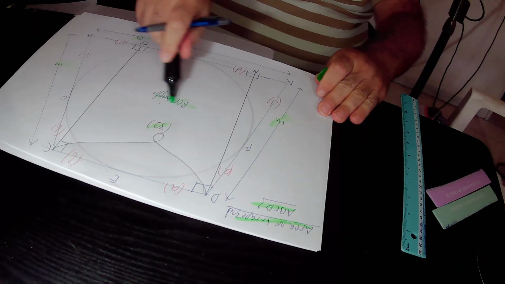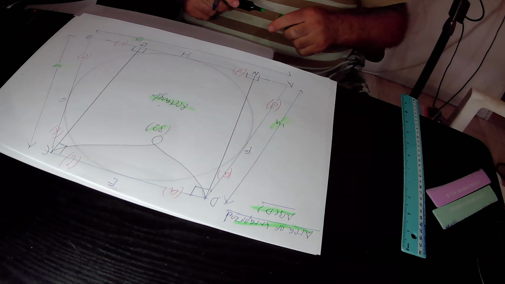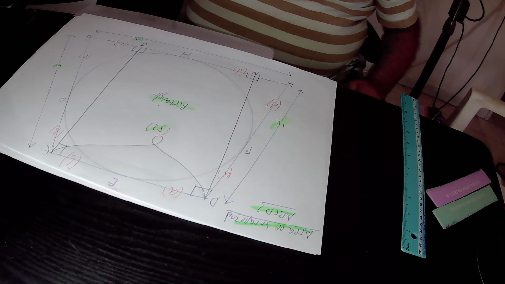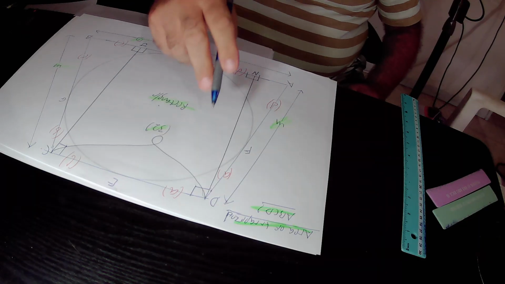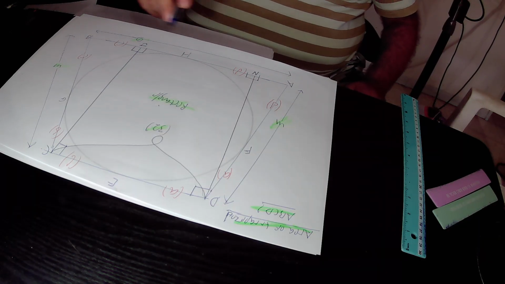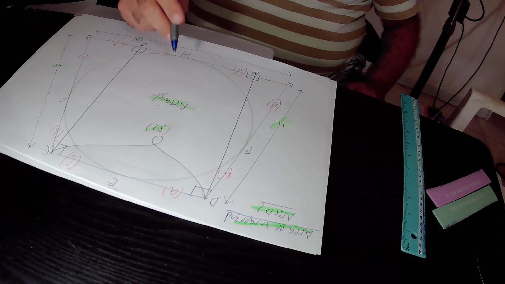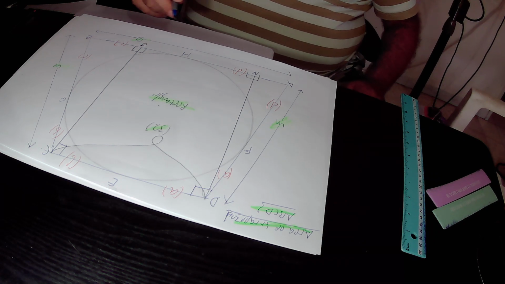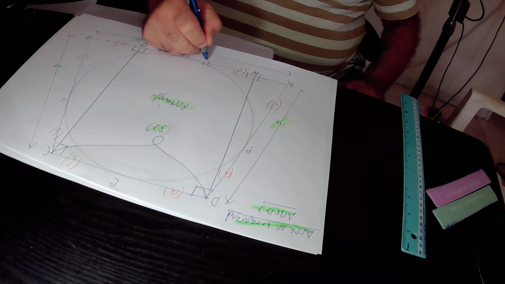But we also know that the opposite sides of a rectangle are equal to each other. So in rectangle DCJN, side DC must be equal to the opposite side JN. But DC is 32, therefore the opposite side JN must also be equal to 32 units in its length.